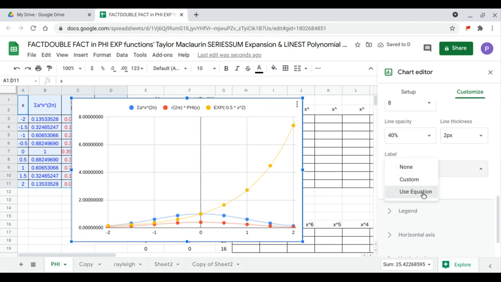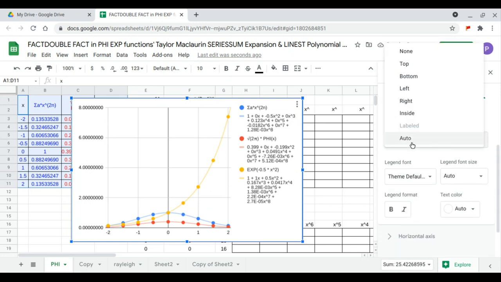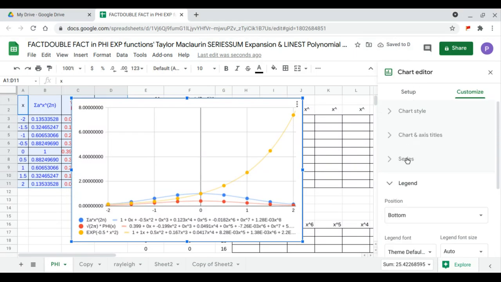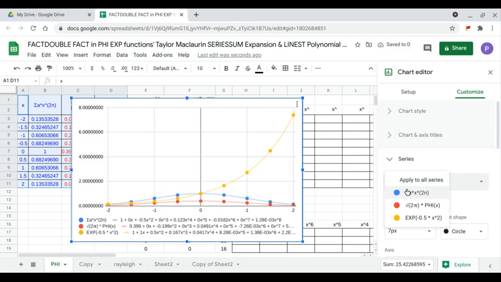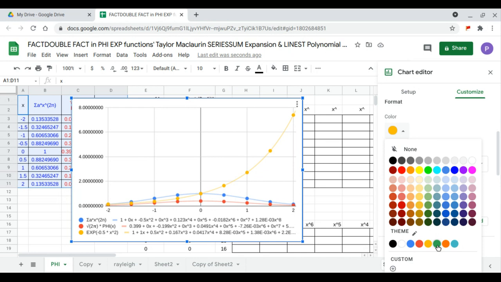And use the equation as label. And the legend, position at the bottom. In the case of the yellow, because you don't have a yellow in the dataset, we'll change that to green to match our dataset.